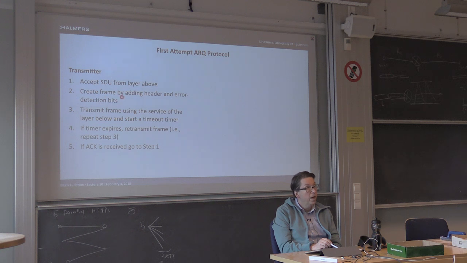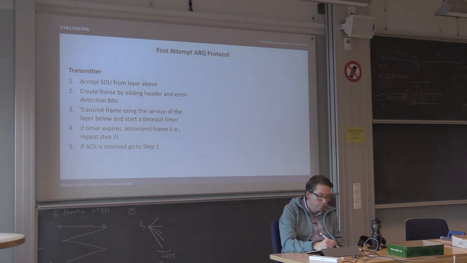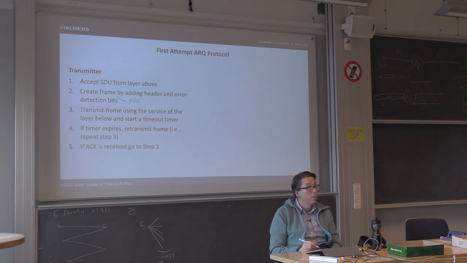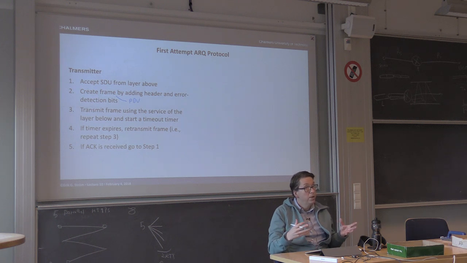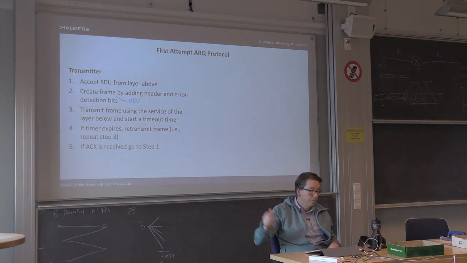Then I create the frame, my protocol data unit. I will call that a frame. From my perspective, this is the protocol data unit I would like to send to my friend on the other side.